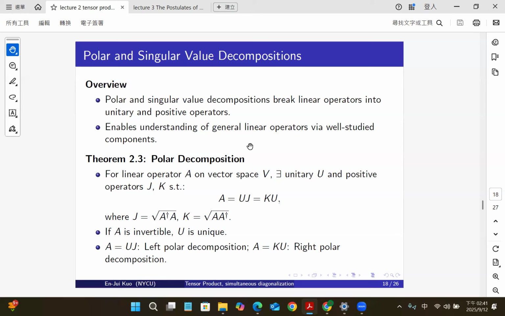One is called the Jordan form, which is very complicated and uses some algebra. Unfortunately, that one is seldom used outside academia. The most important one used in machine learning or computer science is called singular value decomposition.